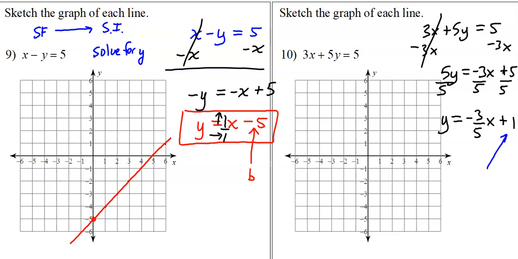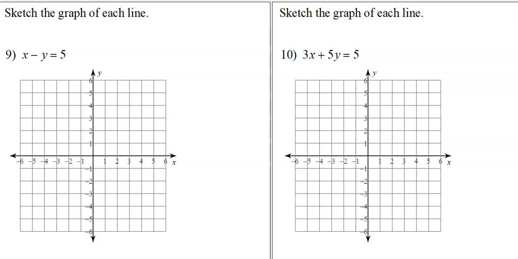So now we have a y-intercept. Boom. Slope is negative, so I'm going down and to the right. Down 3 over 5. Back it on up 3 over 5, just to get a nice further point. And there it is. All right, keep on going.